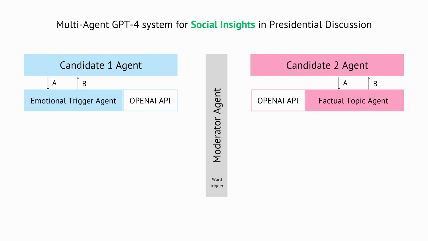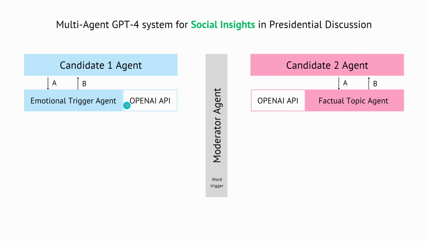So what can we do? Now, let's think about this. Candidate A, let's say, has a particular characteristic. Let's say his argumentation style is defined by emotional triggers in his statements. So maybe we have another agent, let's call him an emotional trigger agent, that tells us, hey, in a discussion, what is my next best emotional trigger?